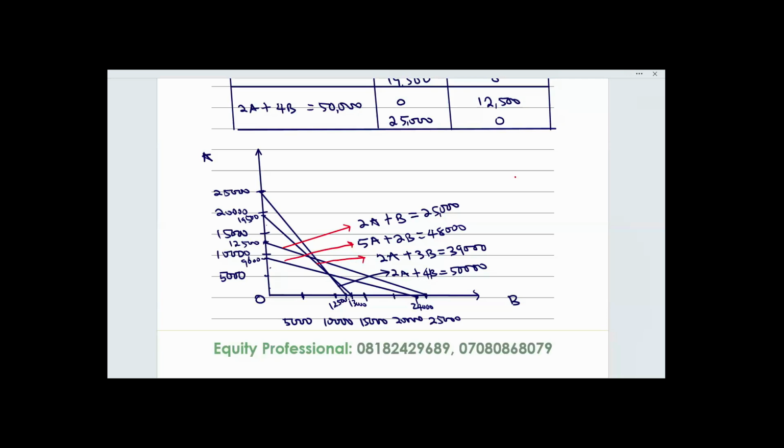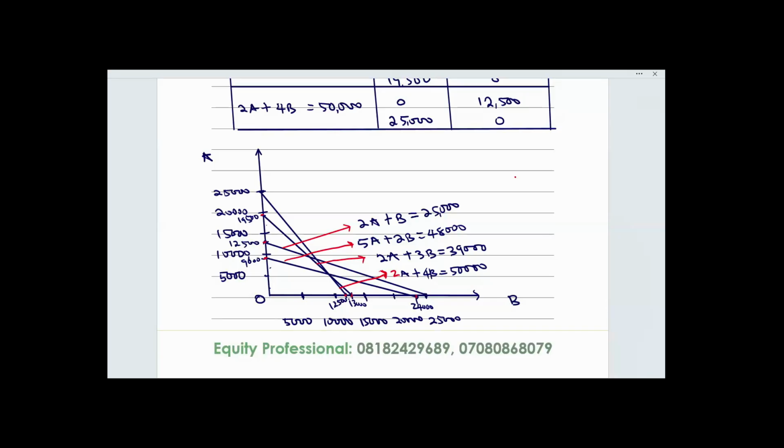I will remove this one. Then the last one is this one here. Then all these ones, the ones we are picking, I want them to look different so that you know.